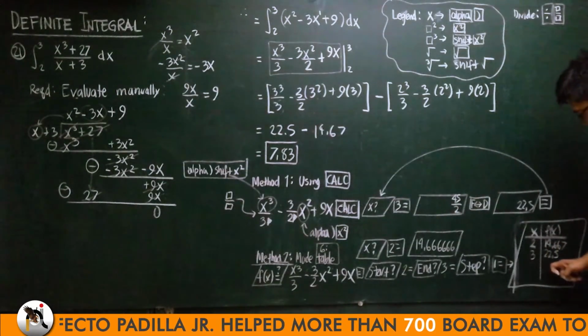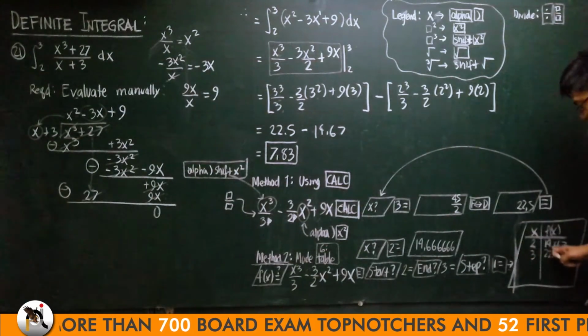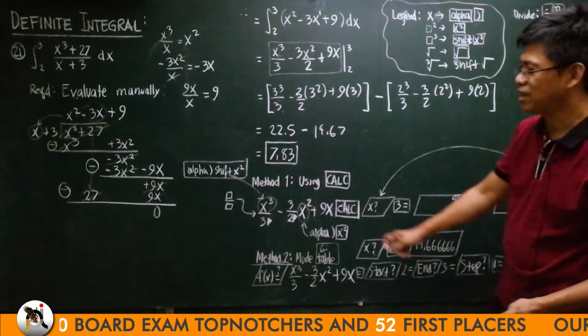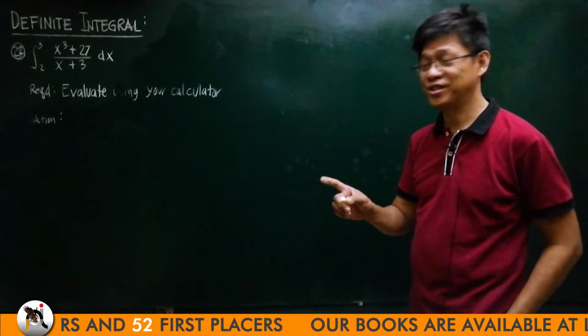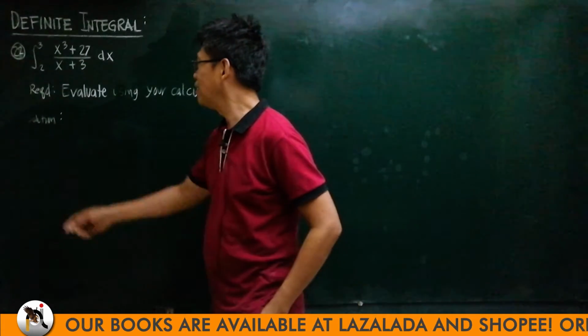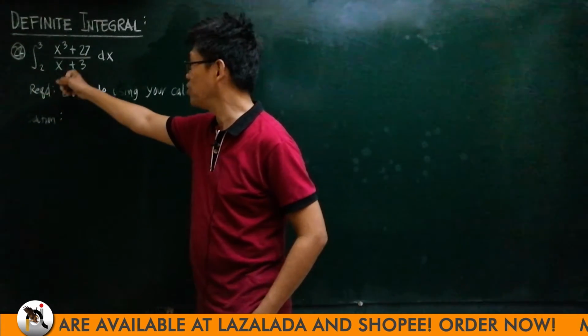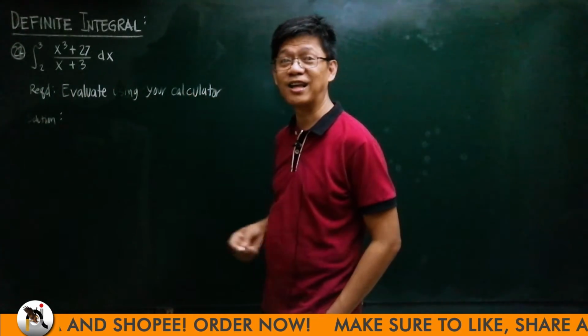So you have f of x at x is 3, f of x at x is 2. This minus this, you'll get 7.83. Do you follow? Now, the simplest, of course, is using our calculator, no? So, in this problem number 22, we are integrating the same thing but using our calculator.